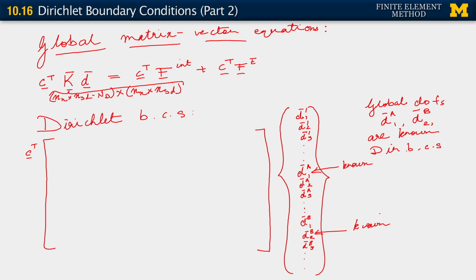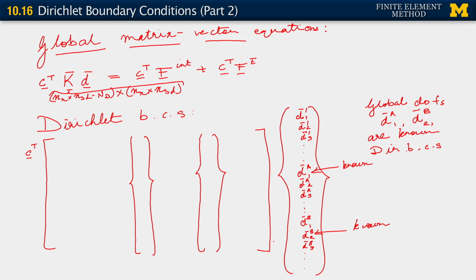When we carry out this matrix vector product, we know that this entire column, and another one, are going to be known.